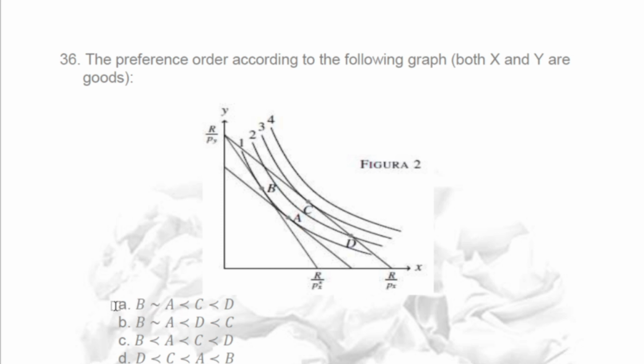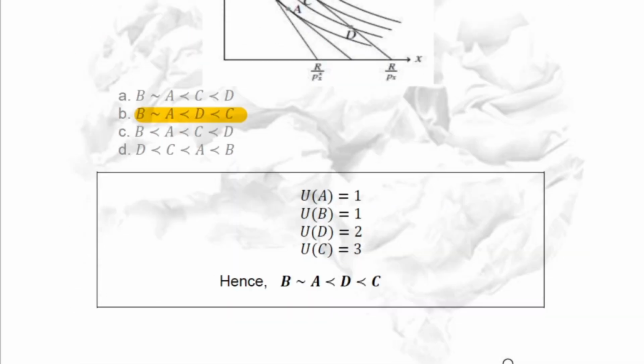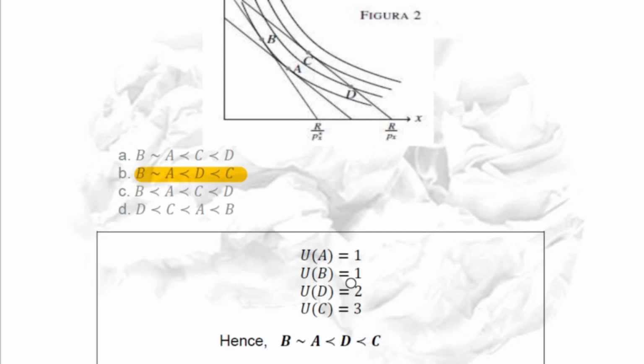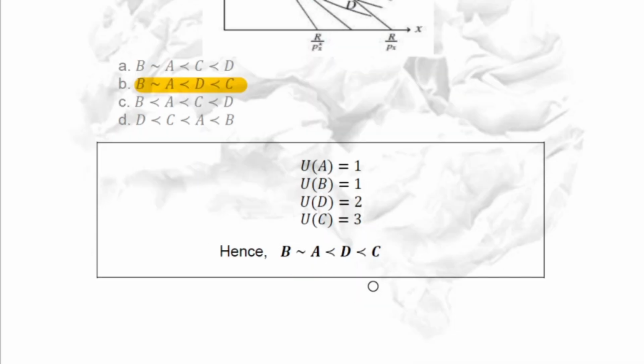D is on another indifference curve, and it gives me utility level 2. C gives me utility level 3, so C is preferred to D, and the answer clearly, I hope, is B. Here I wrote you the utility levels for each bundle.